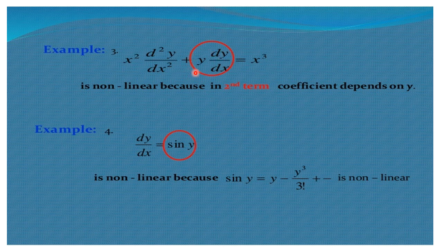That is why it is non-linear. Otherwise it would be linear. If y is not there, this equation is linear, as the coefficient is not depending upon the dependent variable.